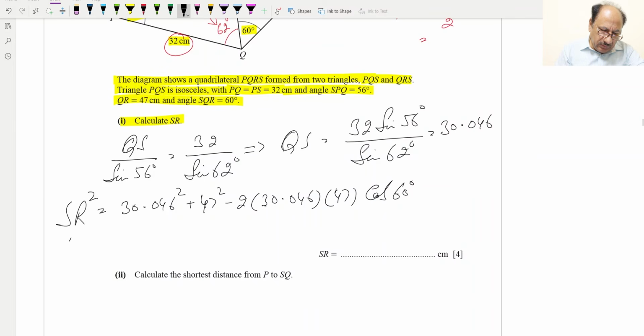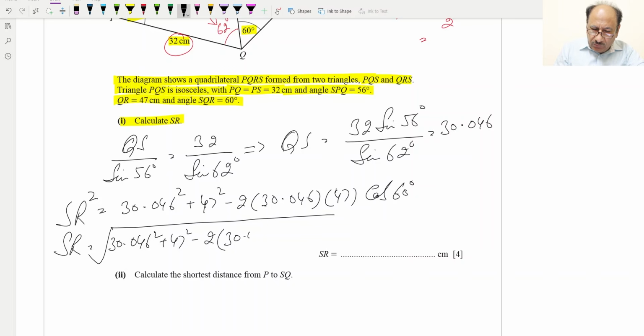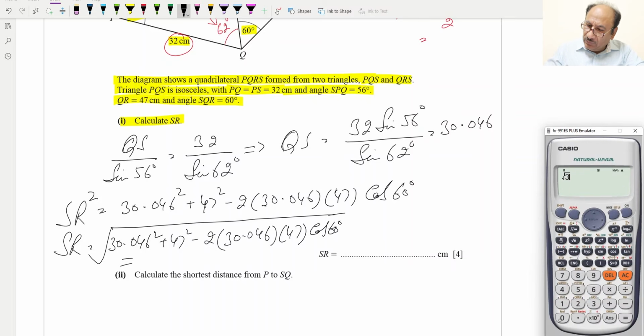And now we can write SR will be equal to the square root of this whole thing, which is 30.046 squared plus 47 squared minus 2 into 30.046 and 47 and cos of 60 degrees, and this is equal to 41.226.